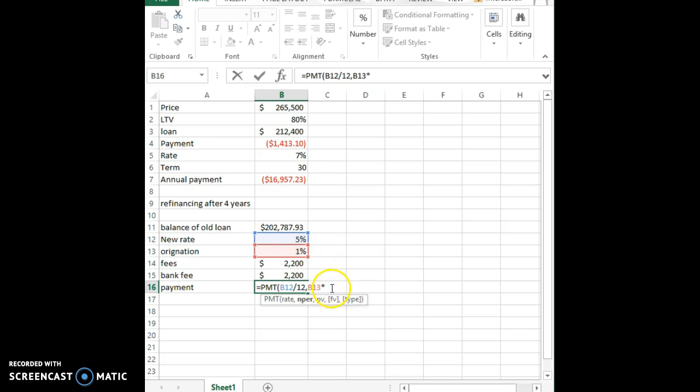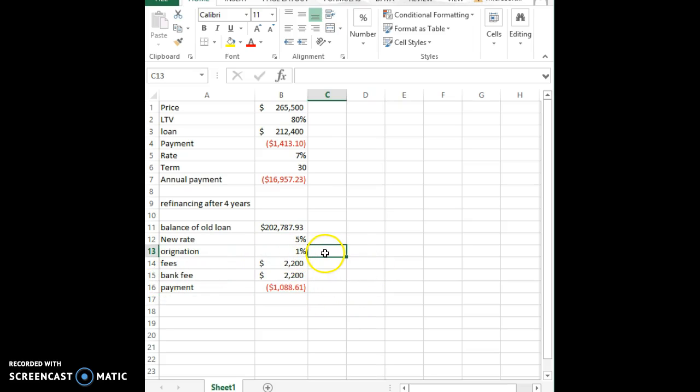I apologize, we're going to do the term. It's going to be the same term, times 12, comma, and the present value is going to be the old loan balance. You close that up, and you should receive $1,088.61.